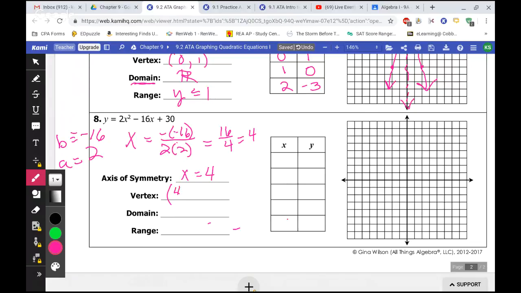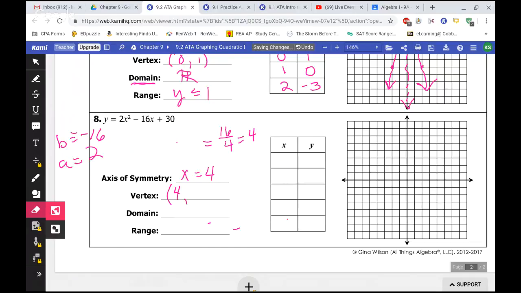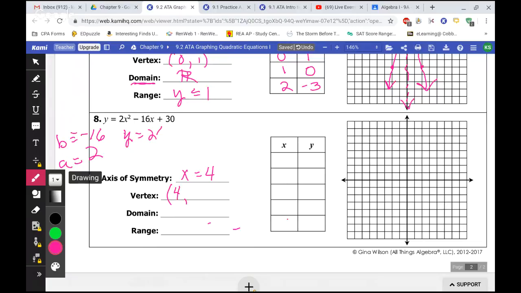It is also the x coordinate of my vertex. And to find the y coordinate of my vertex, I will take that 4 and plug it back into the original equation. 2 times 4 squared minus 16 times 4 plus 30. 2 times 16, because 4 squared is 16, minus 64 plus 30.